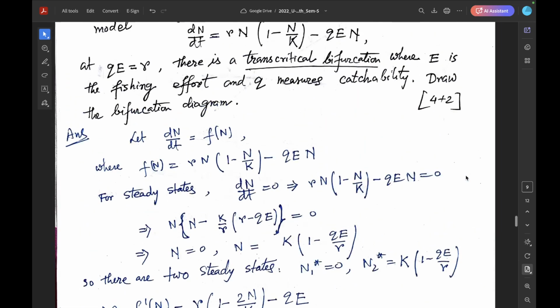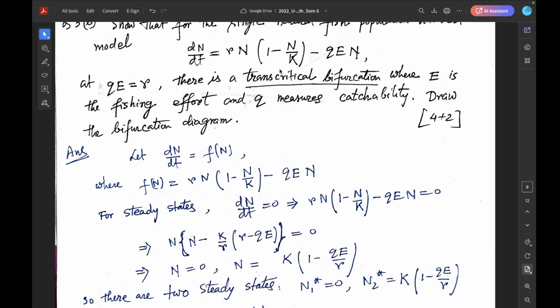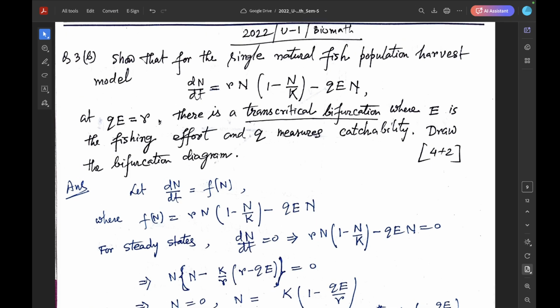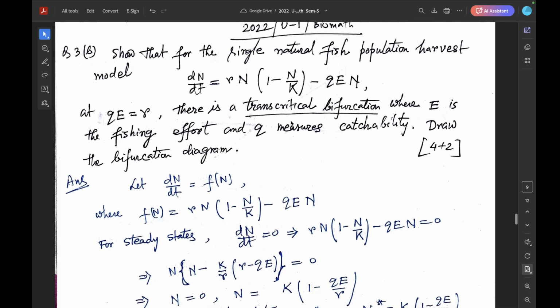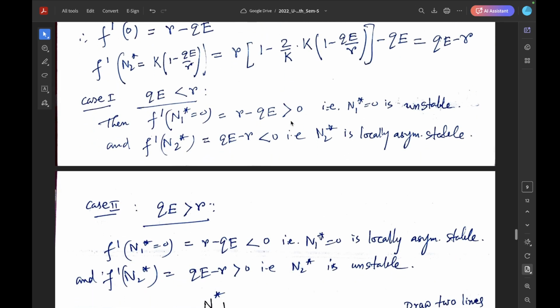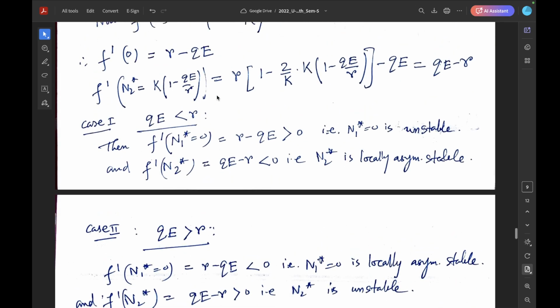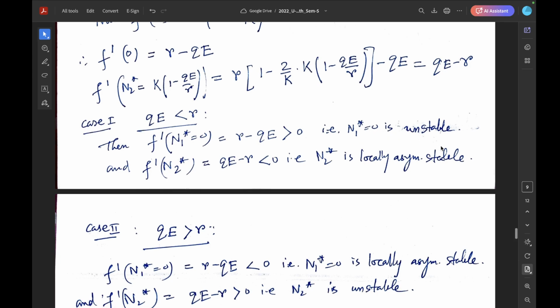Case 1: we have to find this. At qE = r there is a transcritical bifurcation. Now, case 1: if qE is less than r, then f'(0) = r - qE is greater than 0, so N1* = 0 is unstable.